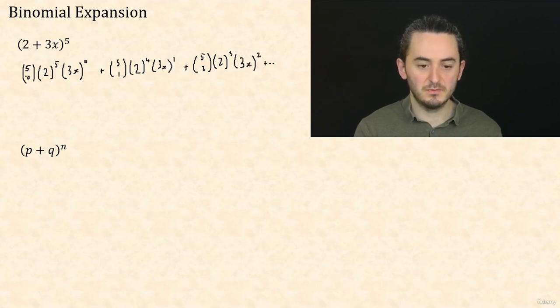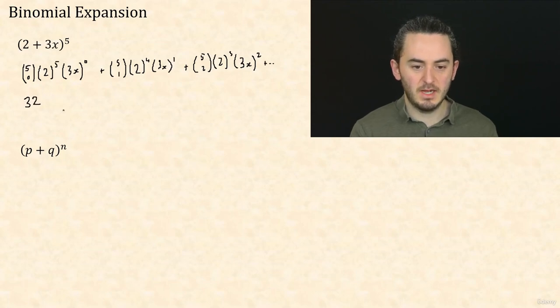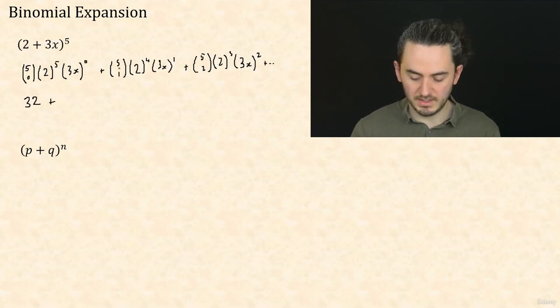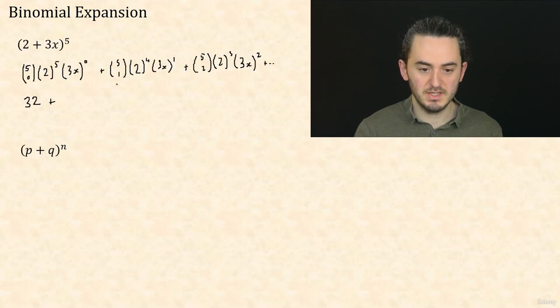So if we expand this, well, 5 choose 0 is 1, and 3x to the 0 is 1. So this is just 2 to the power 5, which is 32. And then we've got 5 choose 1 is 5, and I'll just do this on the calculator. 5 times 2 to the power of 4, and then we've got 1 of our 3x's, so I multiply by 3, so that's 240x.